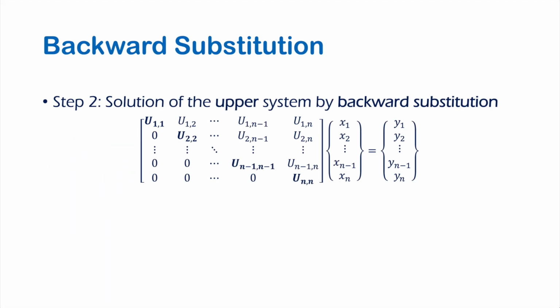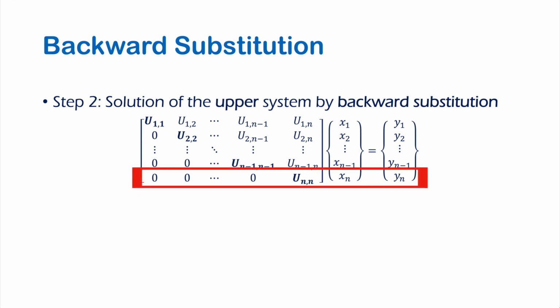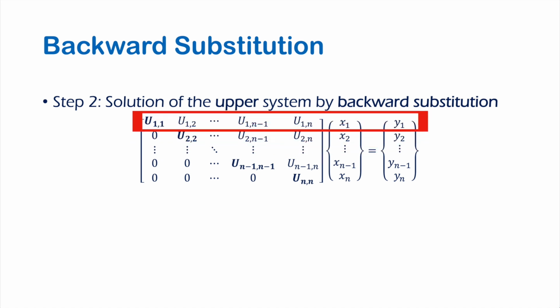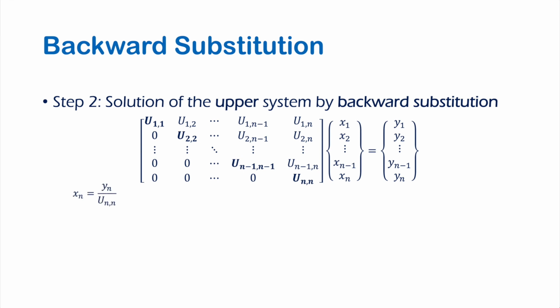The backward or back substitution is applied to the system with the upper triangular matrix of coefficients. So the calculations go backwards from the last row, where the element is u n n, to the first row. At the end, the elements of the x vector will be found. As mentioned before, the constant terms vector here is the y vector, which is calculated by forward substitution. For example, xn is equal to yn over u n n.